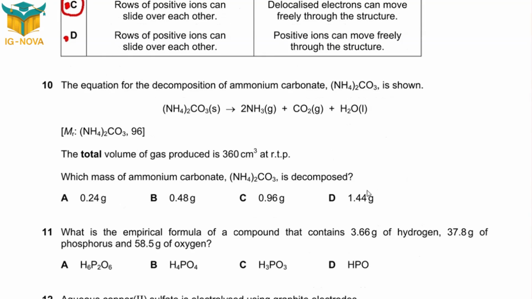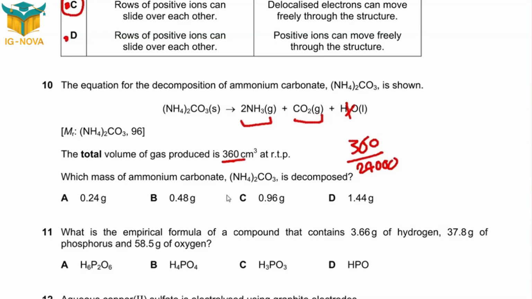Stoichiometry. Total volume of gas produced is 360 cubic centimeters at room temperature and pressure. Let me check how many species here are gases. This is liquid, this is gas, this is air. So the total volume of gas is 360 divided by 24,000. Pause the video and start working.